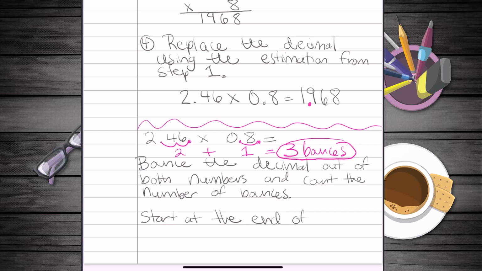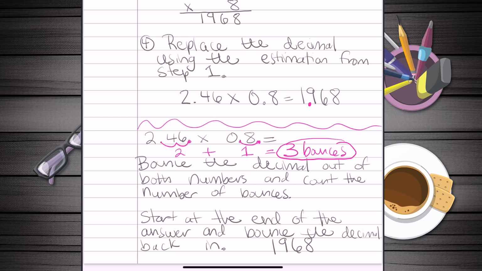So then what we're going to do is start at the end of the answer and bounce the decimal back in the same number of times. So when we multiplied using whole numbers, we multiplied 246 by 8, we got 1,968.